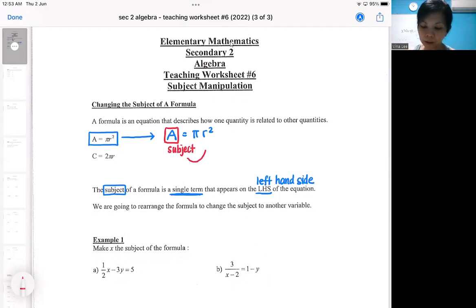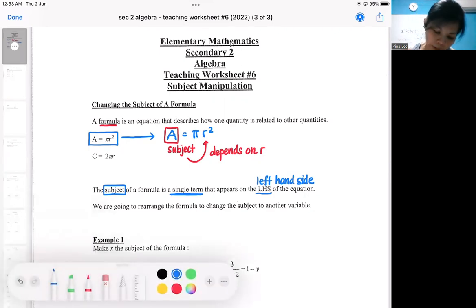And the subject depends on R, which is the radius. So this is like a formula. That's why they say that generally a formula will show you how the area and the radius are related. In this case, A is the subject. It's like the main character.